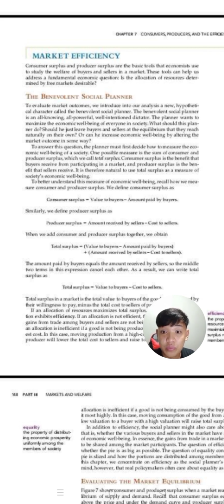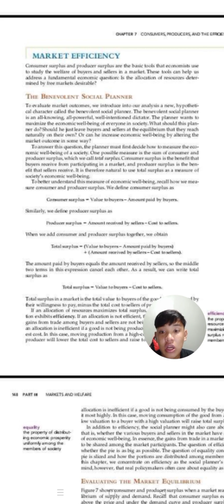To better understand this measure of economic well-being, recall how we measure consumer and producer surplus. We define consumer surplus as, a formula: consumer surplus equals value to buyers minus amount paid by buyers.